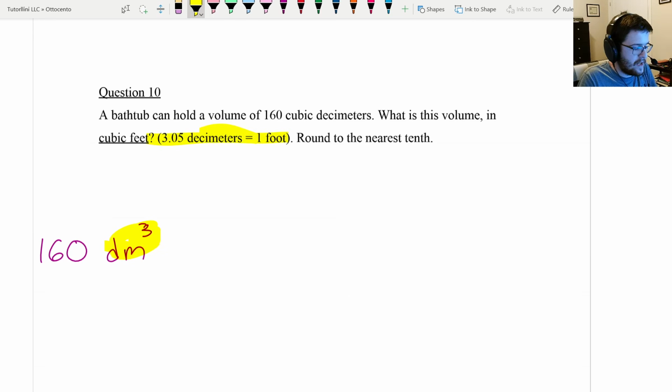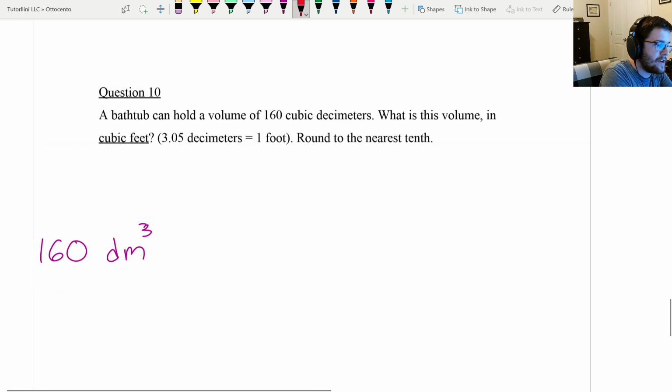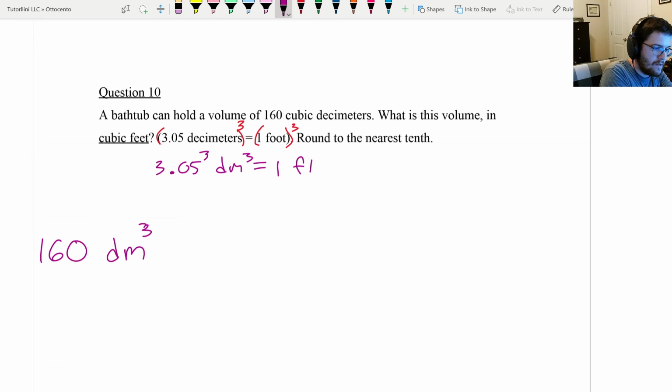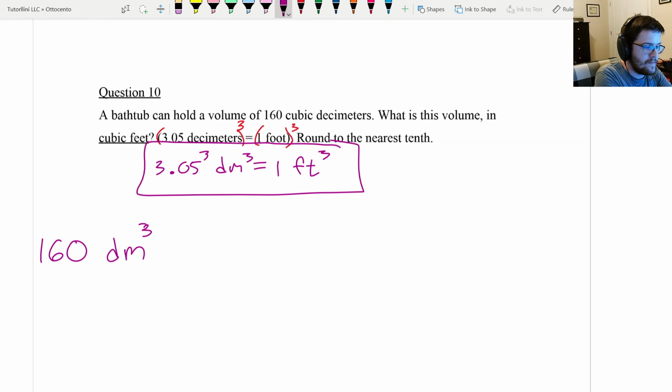No, I don't. So I'm going to have to manipulate that guy. But instead of squaring it, we're going to cube both sides. So we get 3.05 cubed, whatever that is, decimeters cubed, equals 1 cubed, which is just 1 feet cubed. And we're going to use that as our conversion factor.